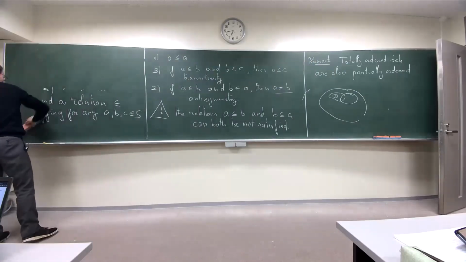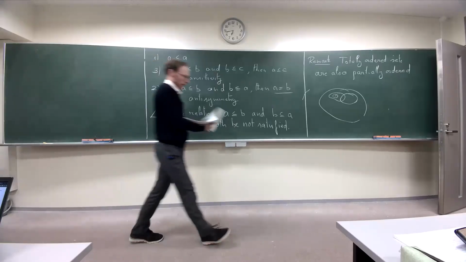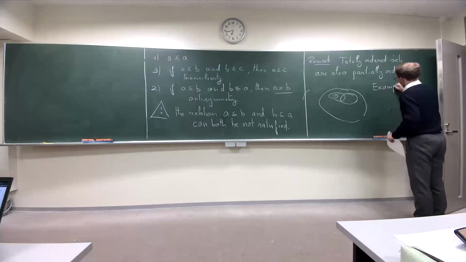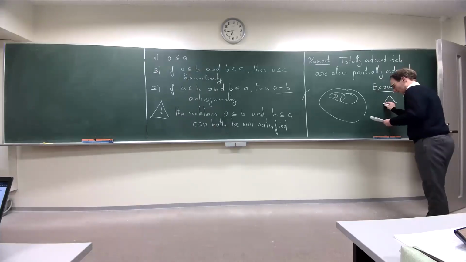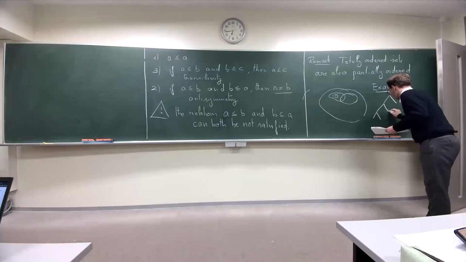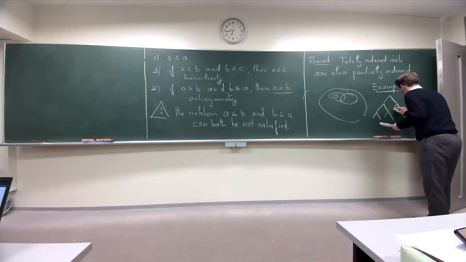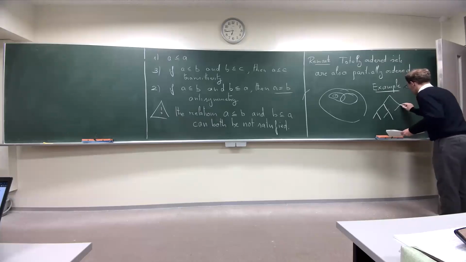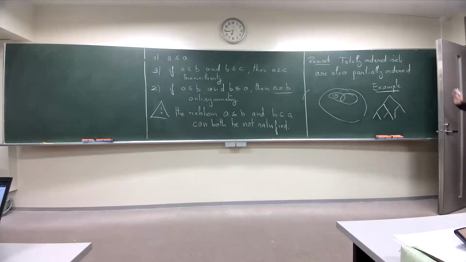The next ingredient, I will do a picture before introducing it because it helps. So I'm going to give a definition, but first I draw an example. Keep this in mind.